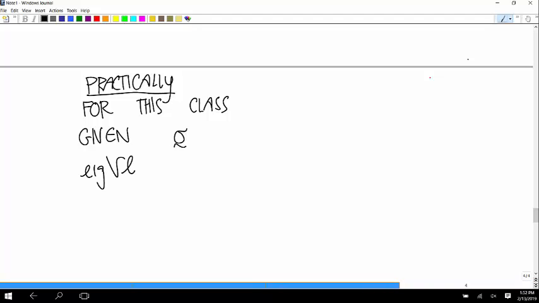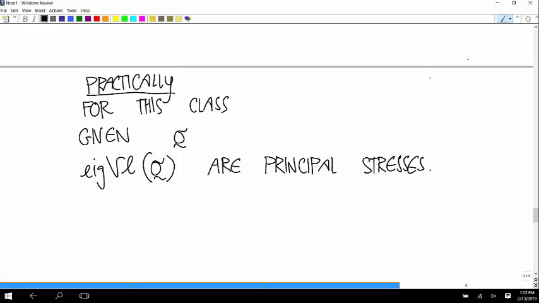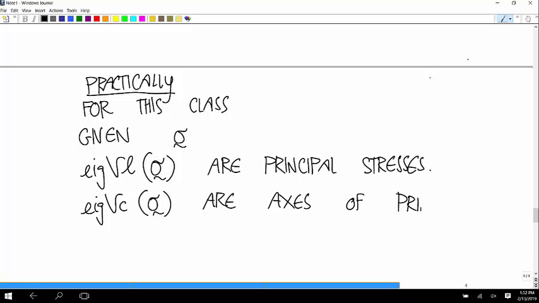The eigenvalues of that stress tensor are the principal stresses. And the eigenvectors of that stress tensor are the axes of the principal coordinate system.